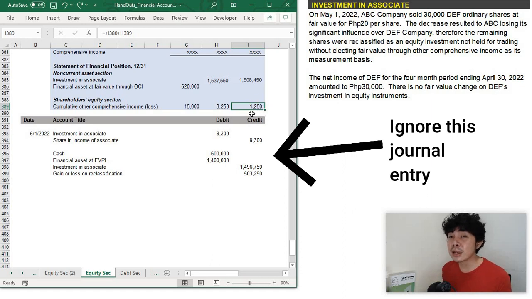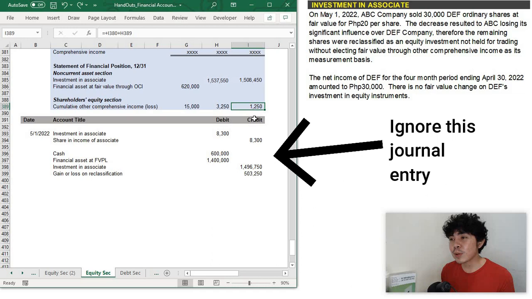So, paano natin tatanggalin to? Itong 1,250 pesos na to, tatanggalin natin to sa ating libro. Syempre, parehas dun sa procedure na gagawin ni DEF kung yan ay tatanggalin din niya. Pero syempre, hindi pa yan tatanggalin ni DEF sa libro niya, kasi meron pa rin naman talaga siyang investment in OCI. Tayo lang yung magtatanggal sa libro natin. Bakit?